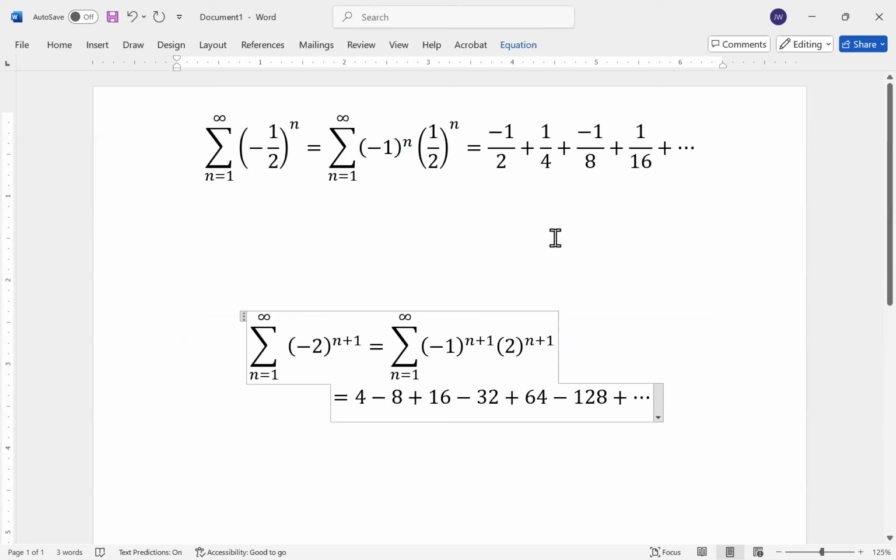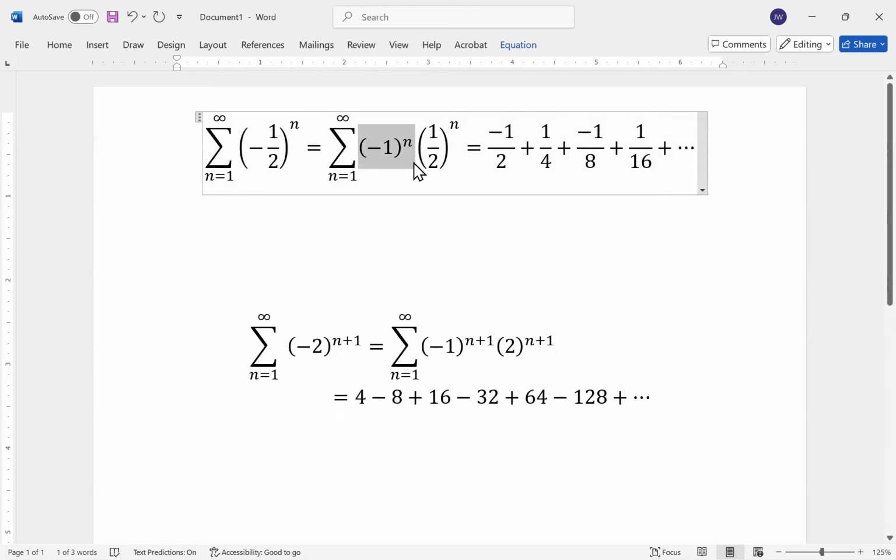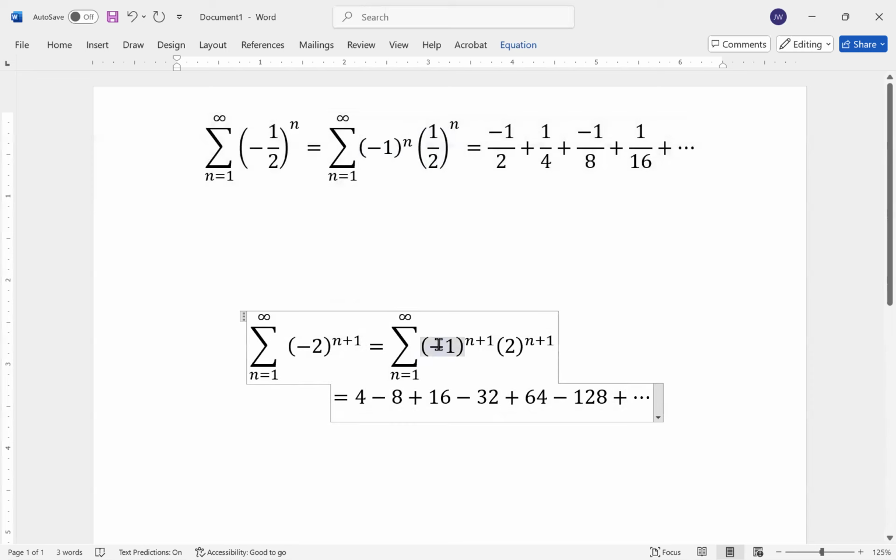But the point is, with an alternating series, we have negative 1 to the n as a factor times a piece which is always positive, or negative 1 to the n plus 1 power as a factor times a piece that's always positive. That will give me terms which alternate back and forth between negative and positive numbers.